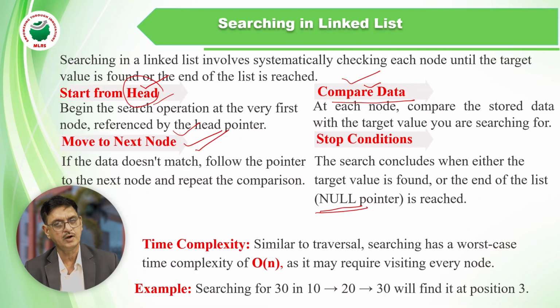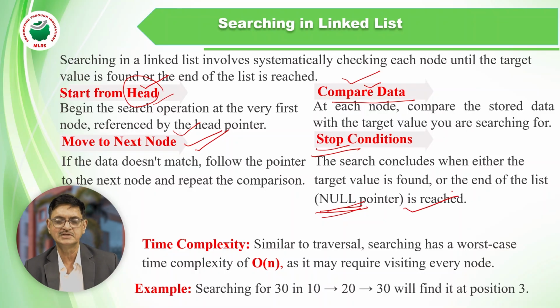It indicates you already reached the last node, there is no more node after this, so we can stop. If a match is found till then, we declare the data is available. If we reach the null pointer and there is no match found, then declare the required item is not available in the linked list.